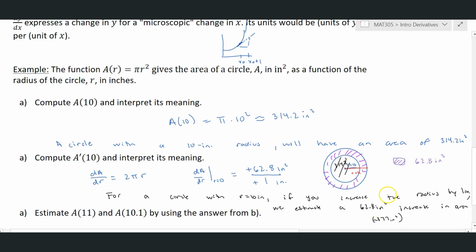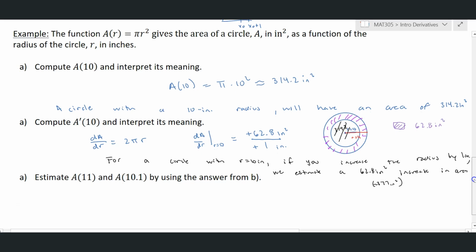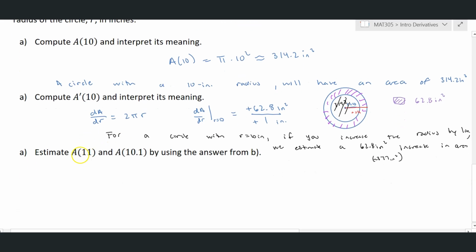But keep in mind, this is not correct, right? That's not the actual increase, because that's based on the idea that we change the input by a whole 1 unit. And we know that where we end up and where we should end up could be 2 different values, because that rate of change is just locally valid. Okay? But we can still do some approximations with it.